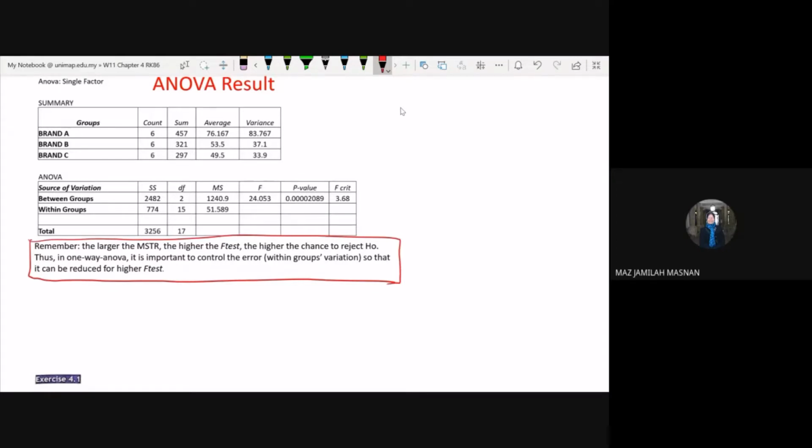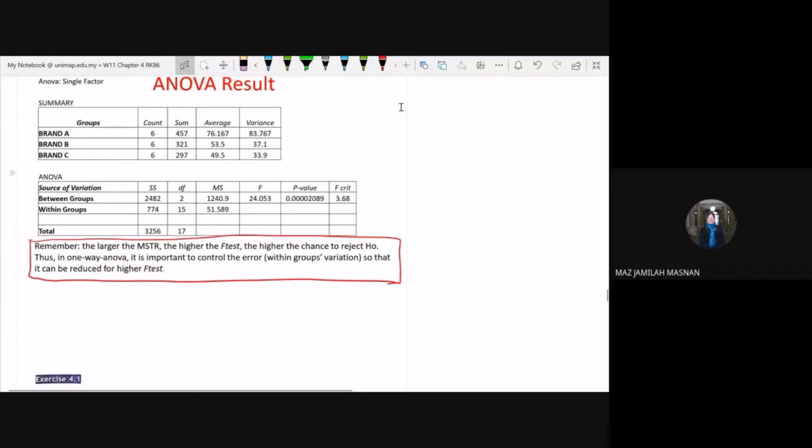Of course, there will be parts you need to calculate, but most of the time it goes back to the concept, and you need to understand the whole concept about ANOVA, regardless of whether it is one-way ANOVA or two-way ANOVA with application.